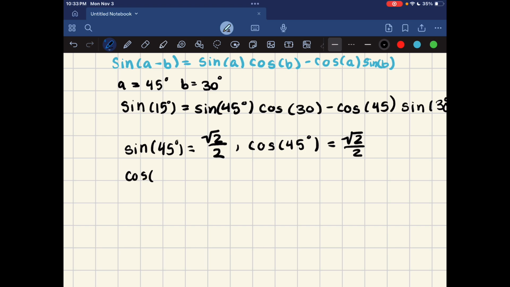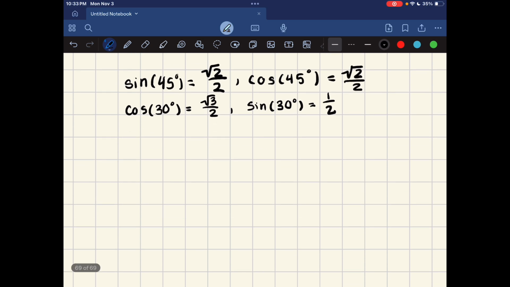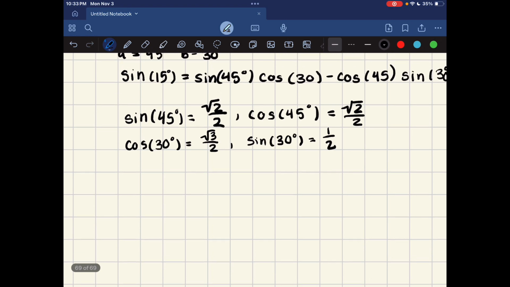Cosine 30 degrees equals square root 3 over 2, and sine 30 degrees equals 1 over 2. So we're just going to plug these values into the formula instead of the degrees.